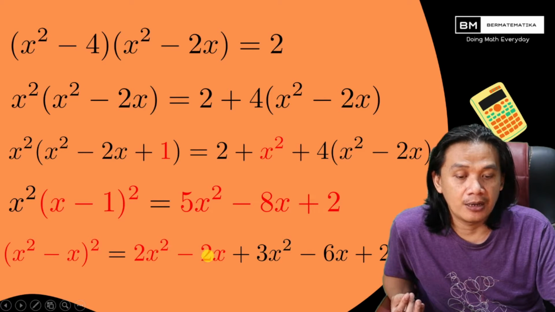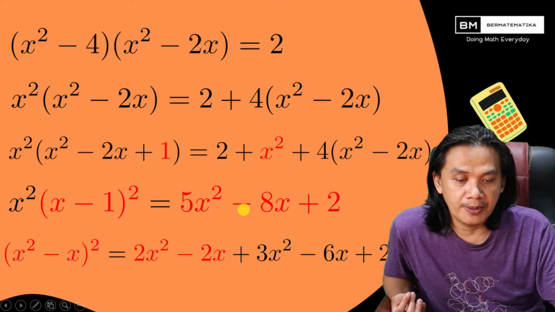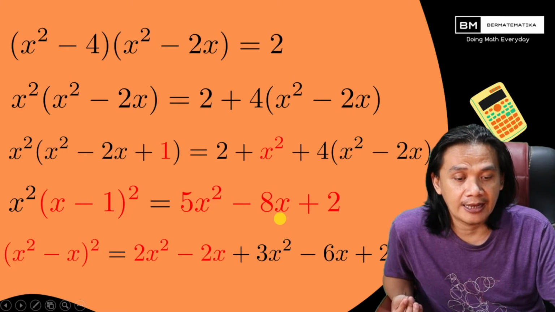And then the right hand side we manipulate as follows. So we split this expression into the red one and the black one. You can verify that 2x squared plus 3x squared is 5x squared, negative 2x plus negative 6x is negative 8x, and then the 2 remains the same.